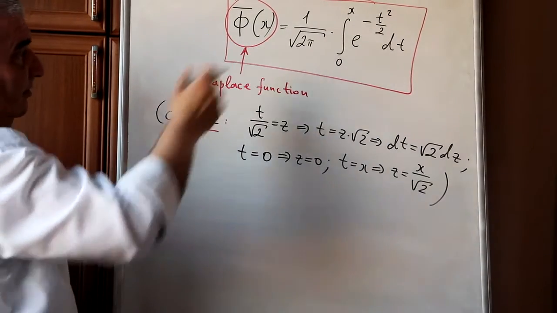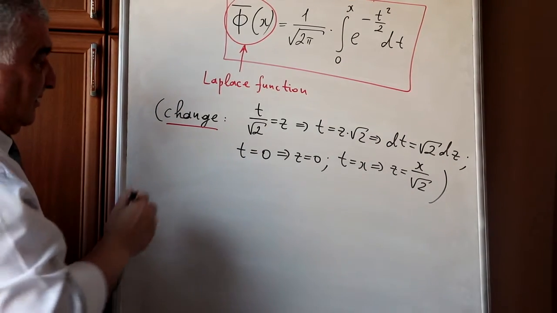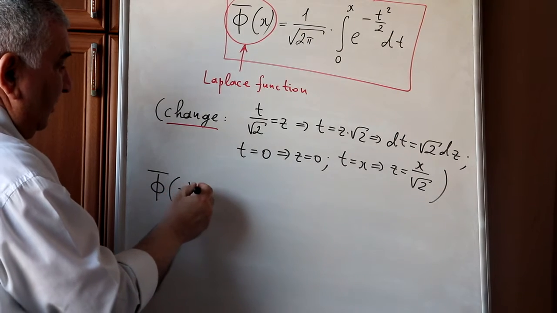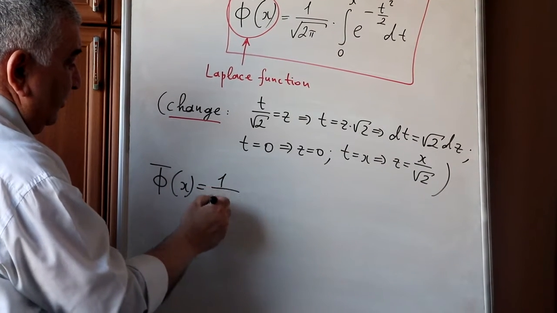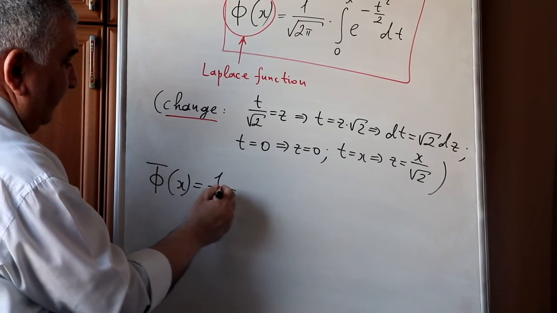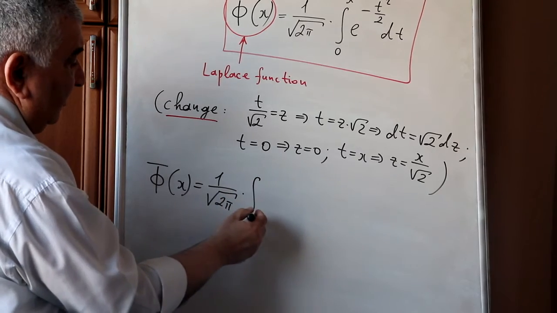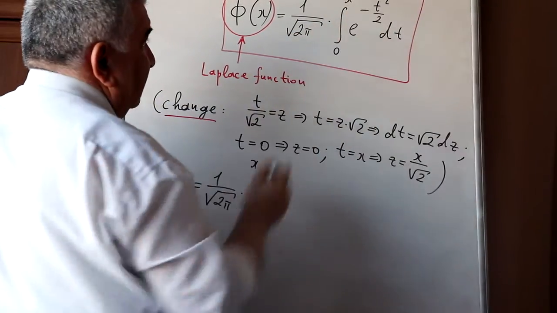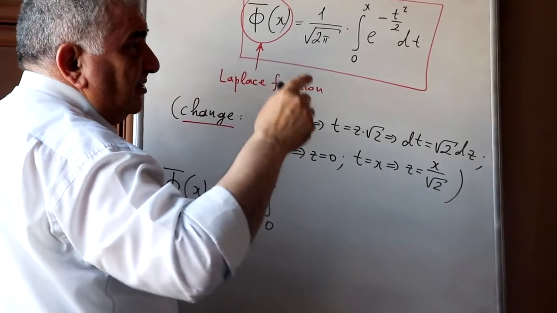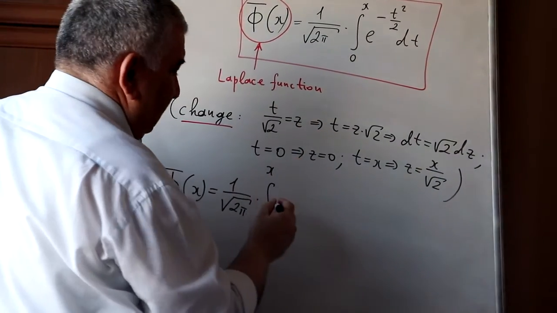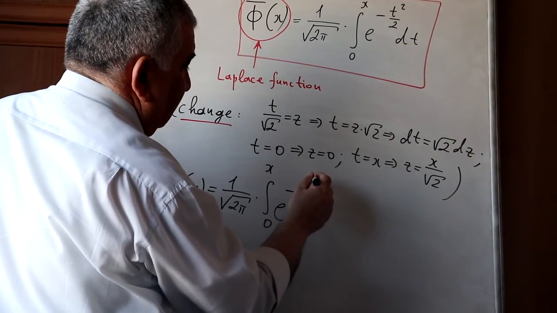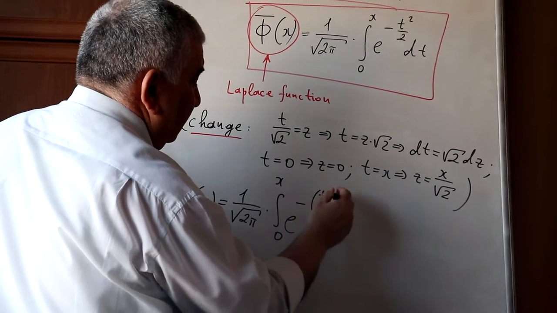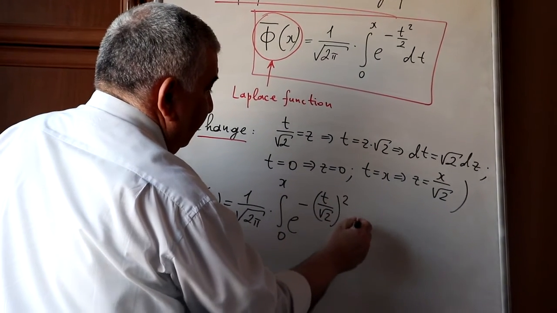Now rewrite the expression of the Laplace function. Phi bar of x is equal to 1 over square root of 2 pi multiplied by the integral from 0 to x, and rewrite this expression t squared in half as t over square root of 2 squared, e to the minus t over square root of 2 squared dt.